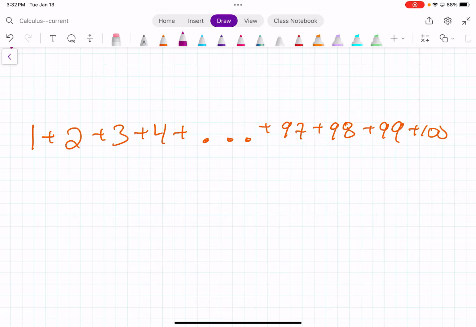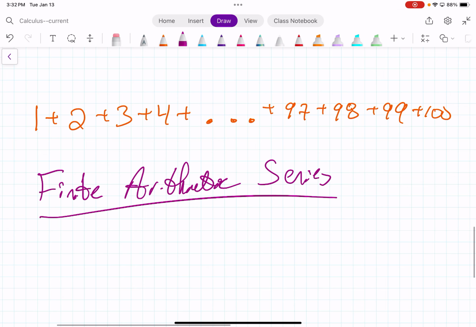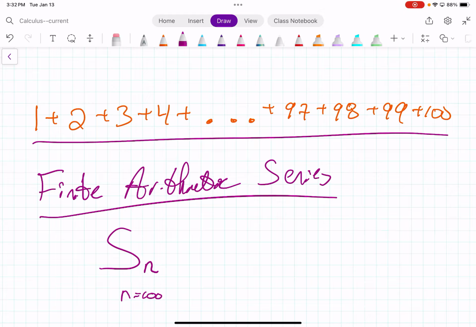So here's the formula for a finite arithmetic series. Is this a sequence or a series? Definitely series. Okay. So here's the formula. It's going to be S for sum, the sum of n terms. So in this case, do you notice that n would be 100 here because we're saying add up 100 numbers?